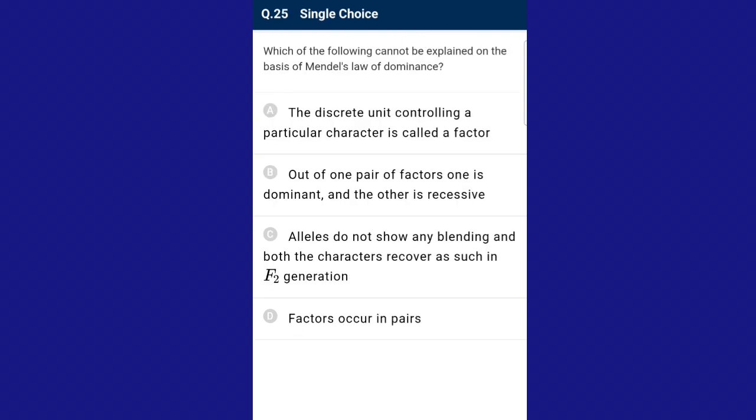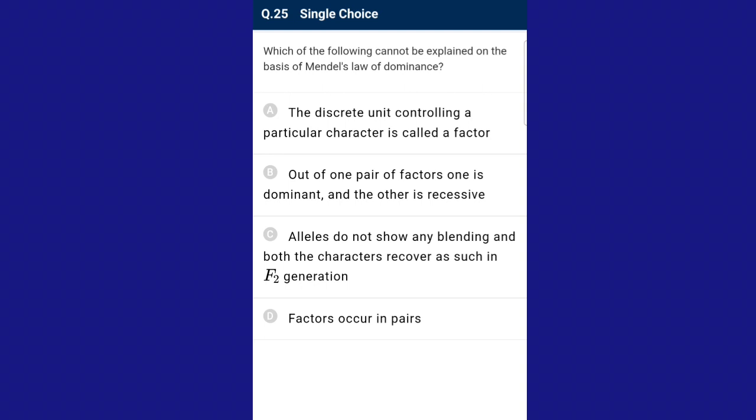See the next one, question number 25. Which of the following cannot be explained on the basis of Mendel's law of dominance? Law of segregation. The law is based on the fact that alleles do not show any blending and both the characters are recovered as such in the F2 generation though one of these is not seen at the F1 stage.